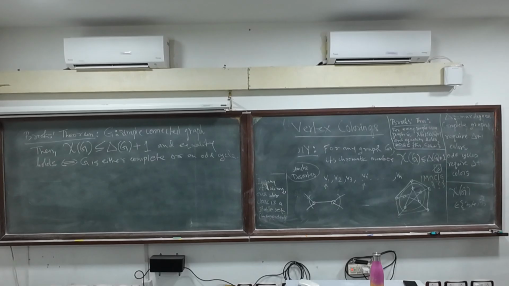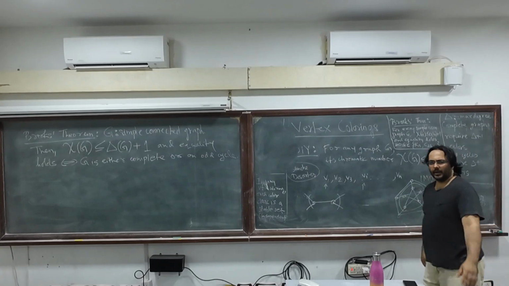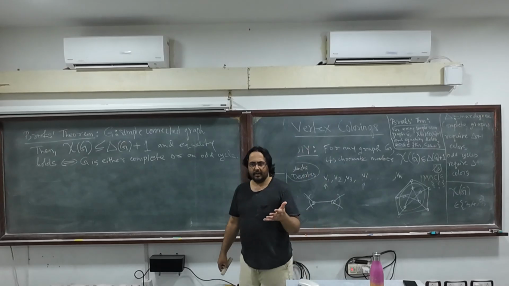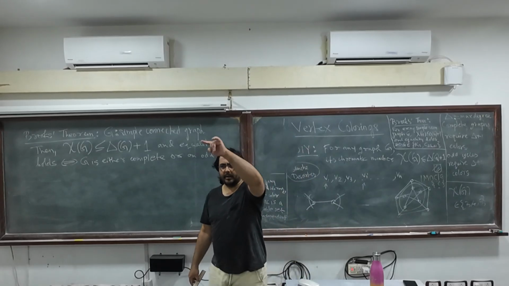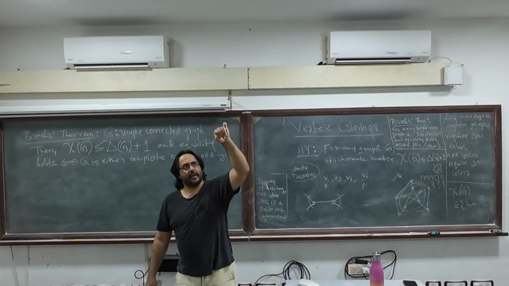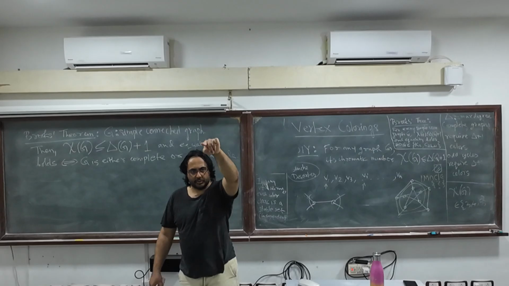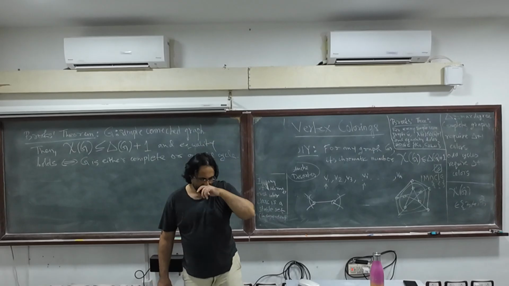Let us make an observation about complete graphs and odd cycles. Actually, odd cycles are more interesting than complete graphs in some sense. What would you do to color an odd cycle? If I give you an odd cycle and ask you to color it using 3 colors, what is the most natural thing you would try? You will keep alternating: red, blue, red, blue, red, blue, and then you reach a vertex whose one neighbor is red and the other neighbor is blue, and now you choose the green color for this vertex.